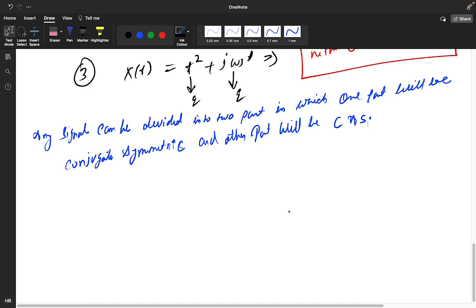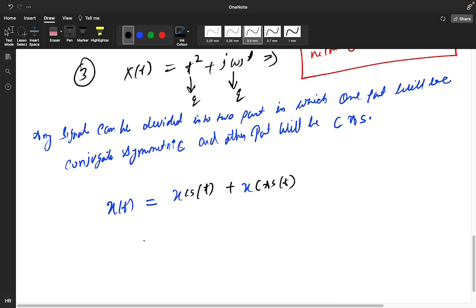So x of t signal is the combination of what? The x conjugate symmetric signal plus the x conjugate anti-symmetric signal.